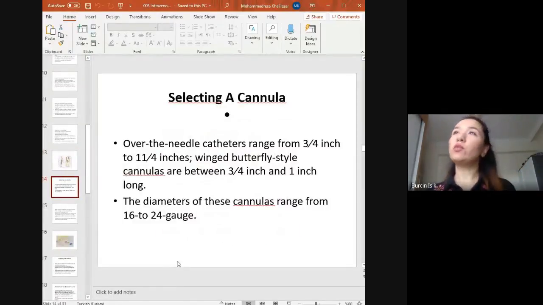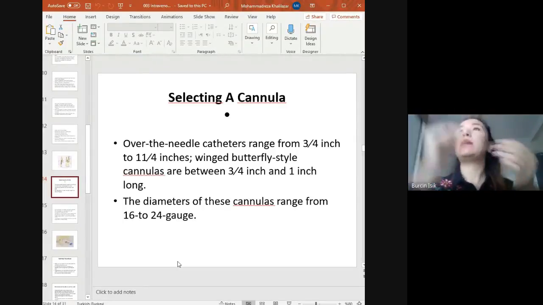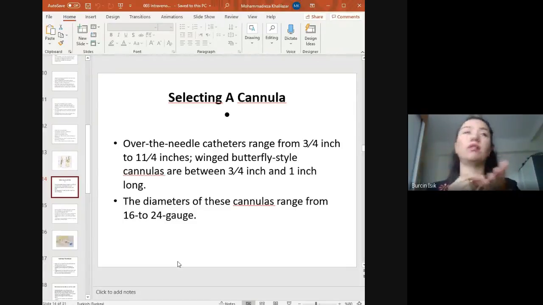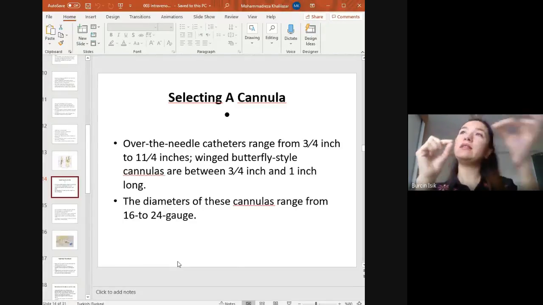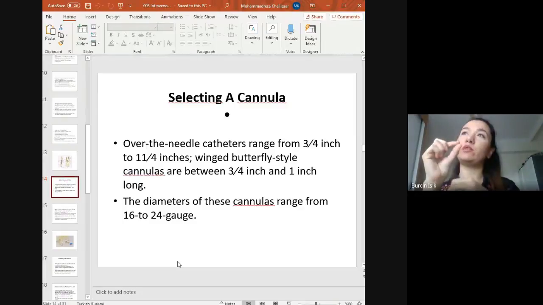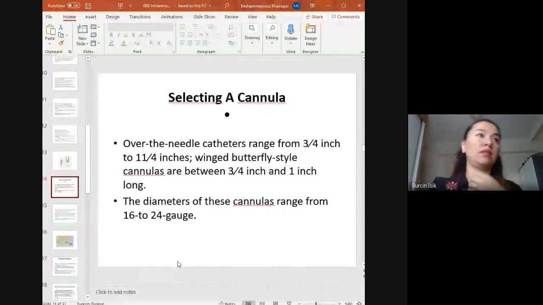About the cannula, the cannula also has different sizes, and on top of the pack they write the gauge, with different colors. You will see green, blue, pink. They also write the gauge with different needle lengths and thicknesses.